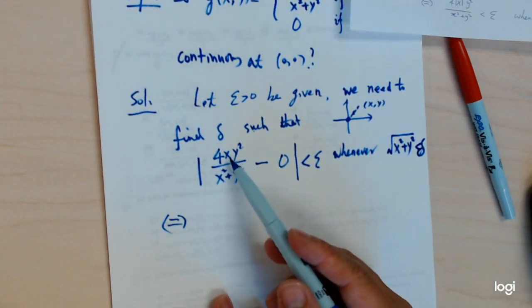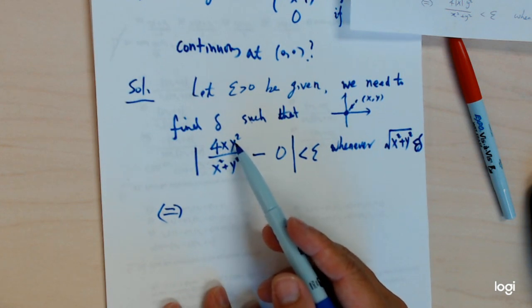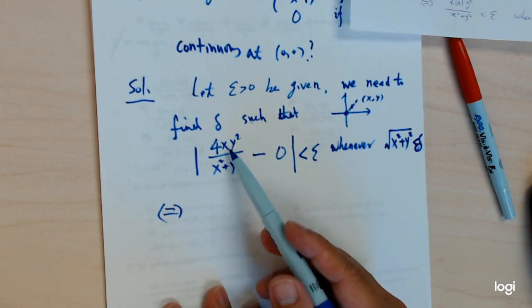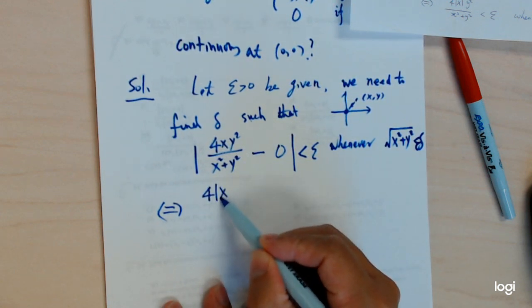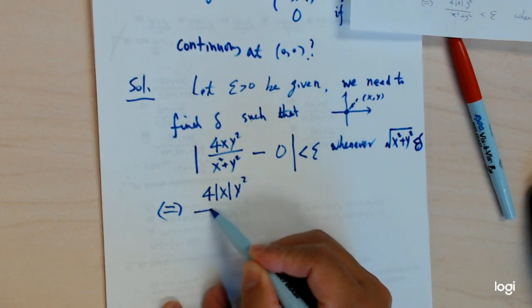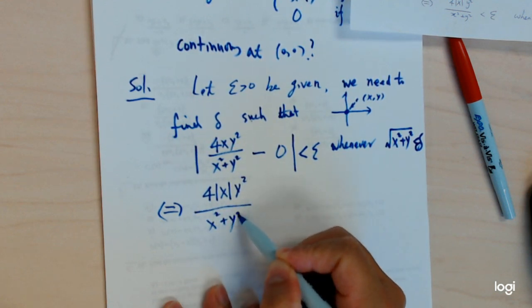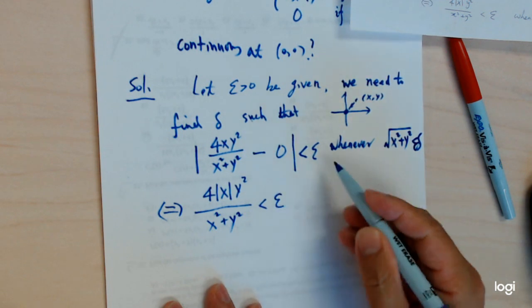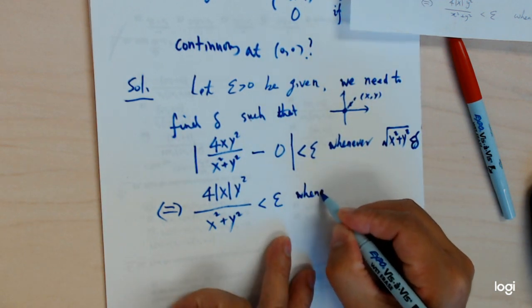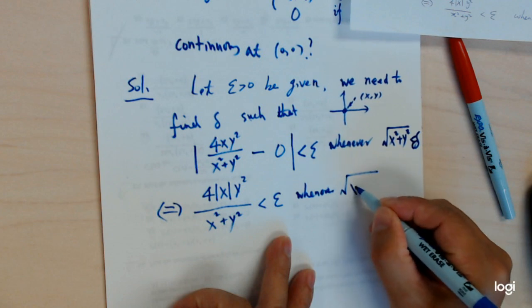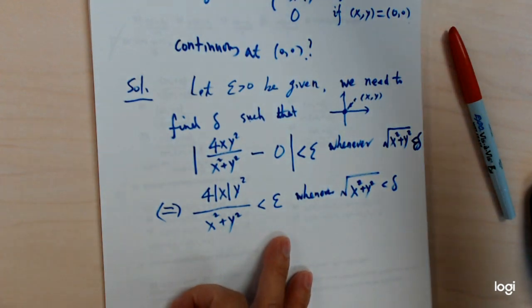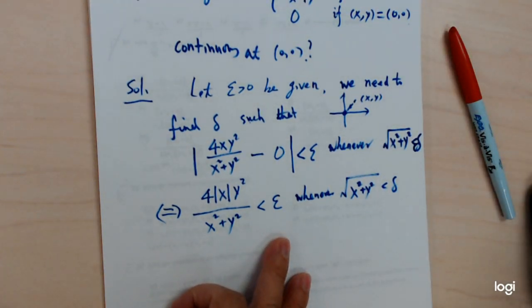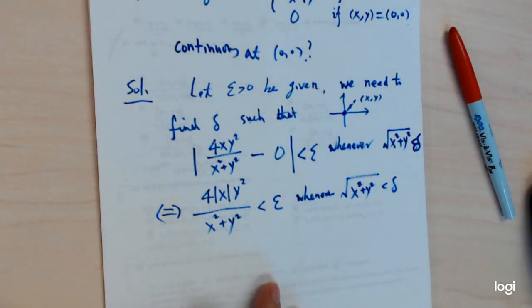This one, we're going to proceed to take the x value. We notice y squared and all those terms are positive except the x here. So we simply take its absolute value, leave everything else alone. So we need this to be less than epsilon. So now let's see if we can play with the inequality and make this work.